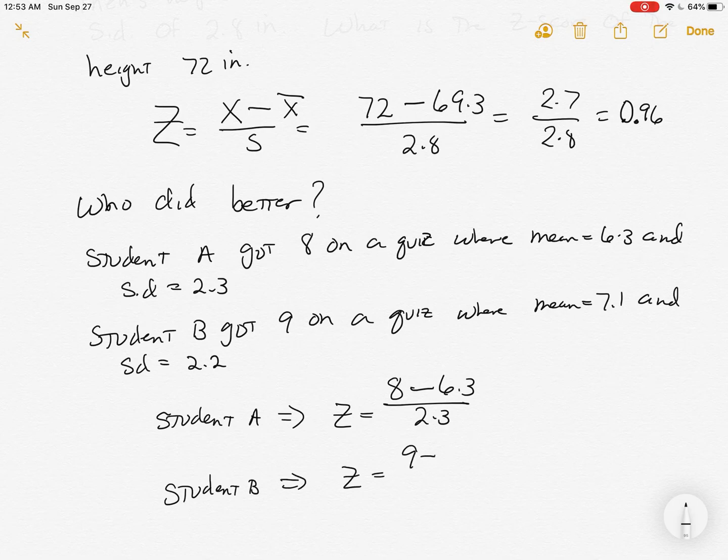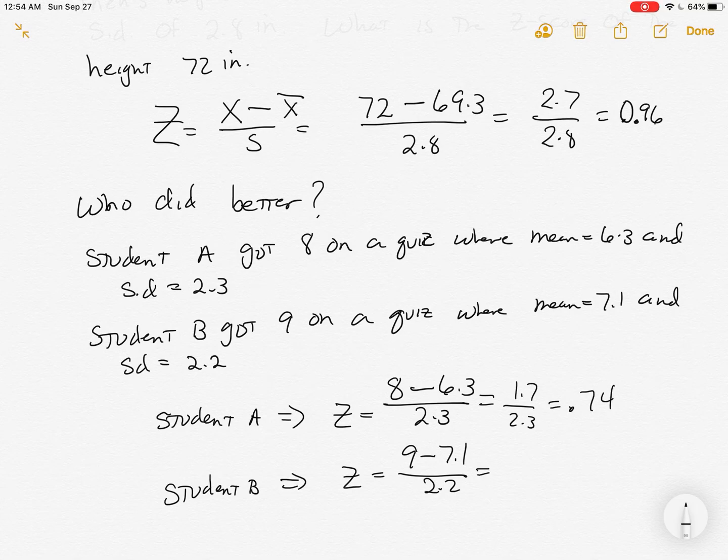And they got a 9. That looks good. 7.1 was the mean and 2.2 was the standard deviation. Let's see. If we look at 8 minus 6.3, we get 1.7 divided by 2.3, and we get a z-score of 0.739 or 0.74.